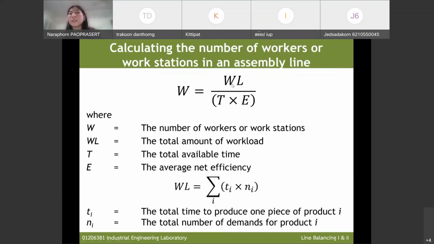And then this is WL, the workload, divided by the total time. So in this example, in the lecture, I assume that the total time is 60 minutes or 1 hour. This is because typically most companies measure the performance of the line in terms of units per hour, or UPH. That's why I put 60 minutes here. But in the actual lab, we're not going to produce things for 60 minutes.